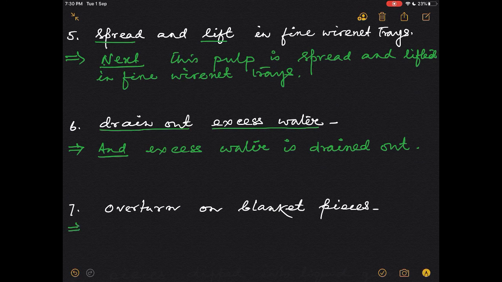Number 7, then use then. Overturn on blanket pieces. Here also the object is necessary.